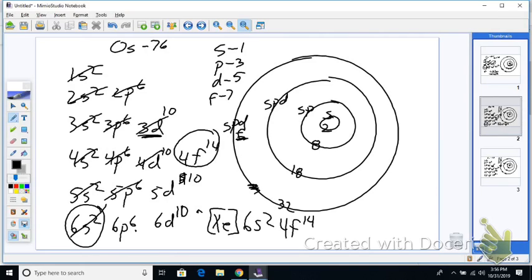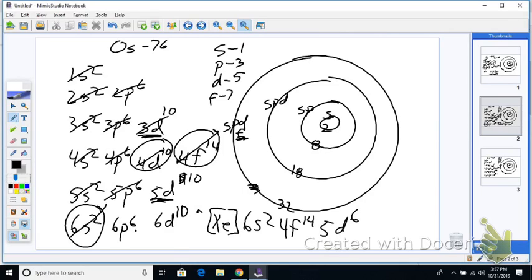So the 4 Fs are taken. All right, so then we're in the D section. If you notice, we've already taken the 4 Ds, but the 5 Ds have not been taken, so that's going to be 5D6. And so that would be the electron configuration for osmium.